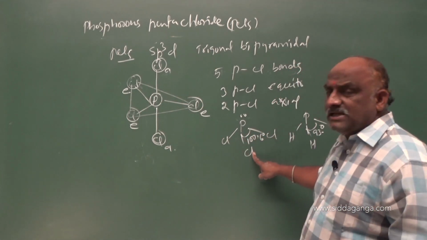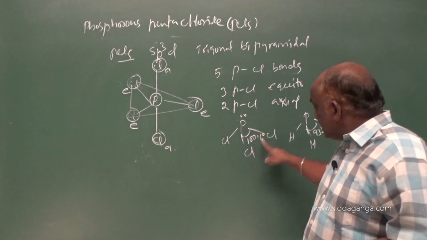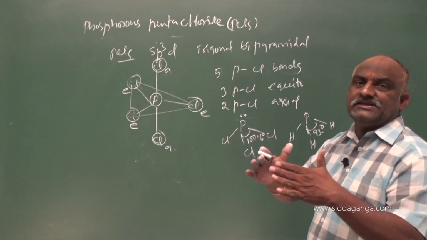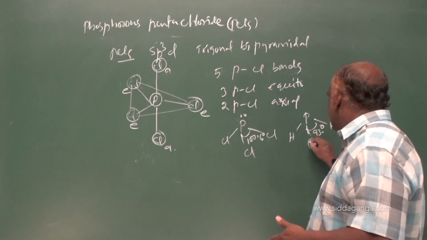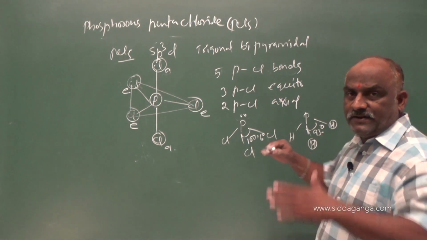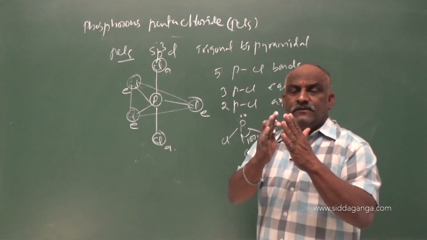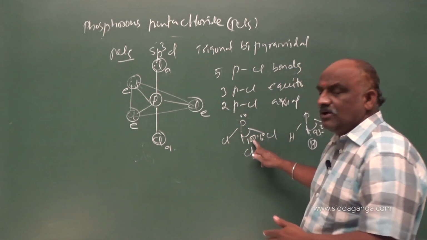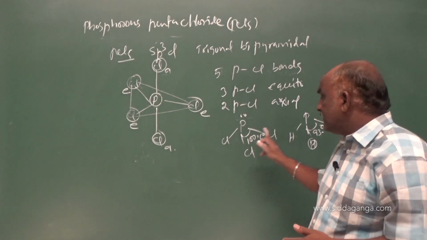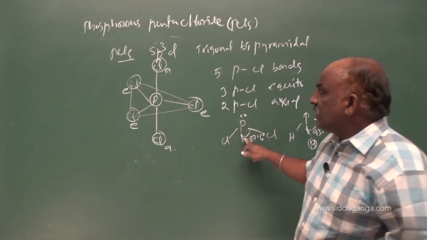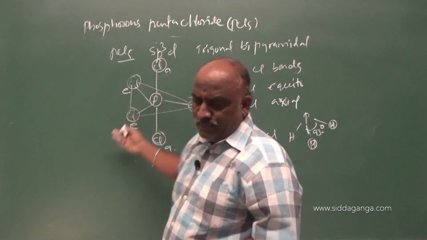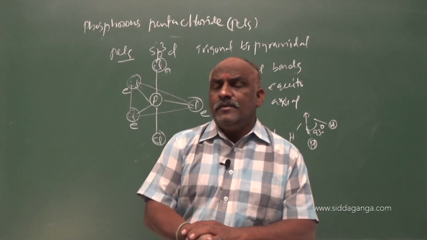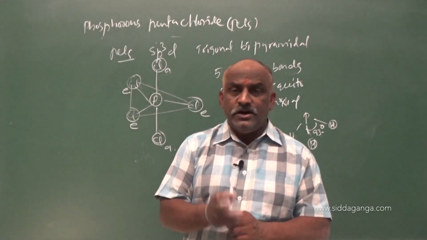Here chlorine size is large, so steric repulsions take place. Hydrogen size is small, so the bond angle is 93 degrees. Because chlorine size is large, repulsions take place and the bond angle increases from PH3 to PCl3. Coming to PCl5, it is trigonal bipyramidal, and the 5 PCl bonds are not equivalent.